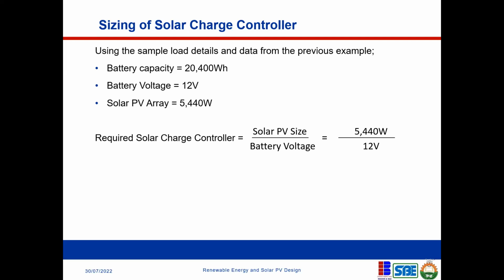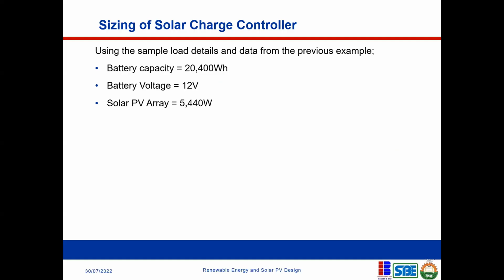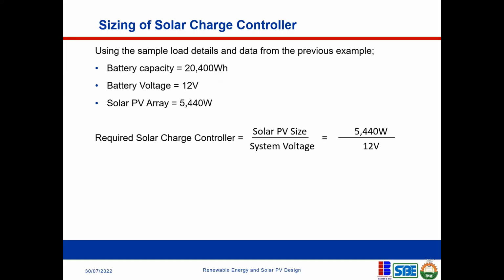Let me also make that correction here. So you're dividing by the system voltage. When you divide by the system voltage, you have the required charge controller size. And charge controllers are rated in amps. Let me correct this as well, right?